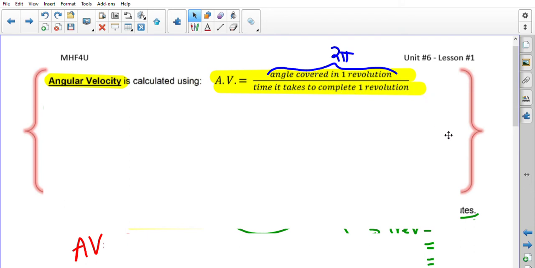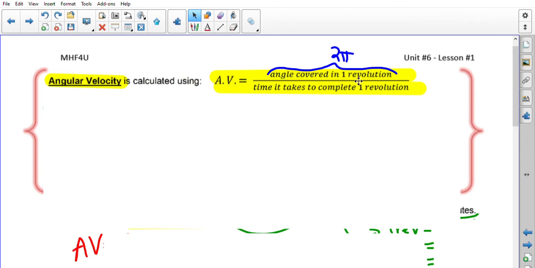So instead of me asking you how far you are traveling in a certain amount of time, distance-wise, angular velocity means I'm asking how quickly am I turning through an angle over a certain amount of time. So in 1 second, how many angle degrees did I travel? That's what we mean by angular velocity.